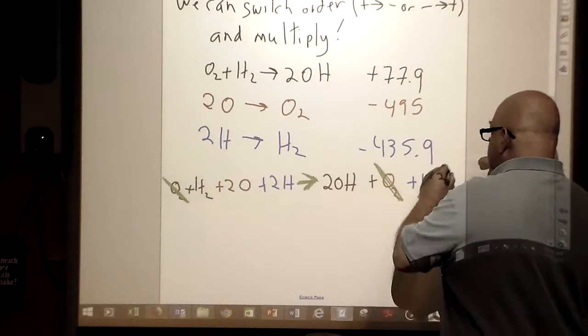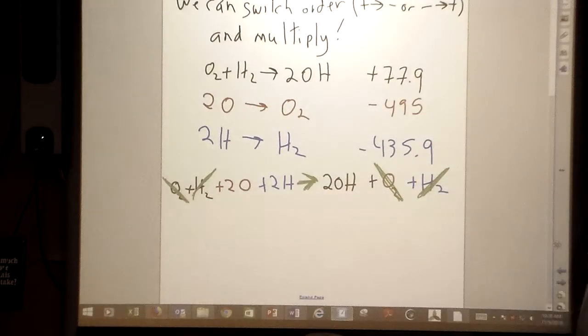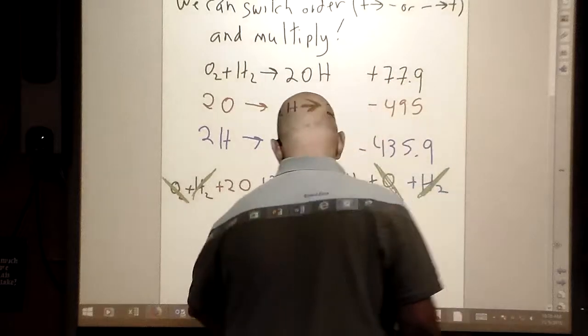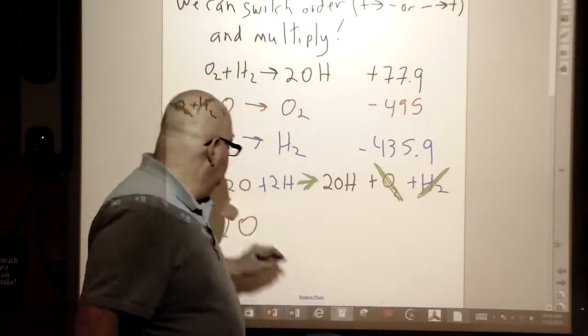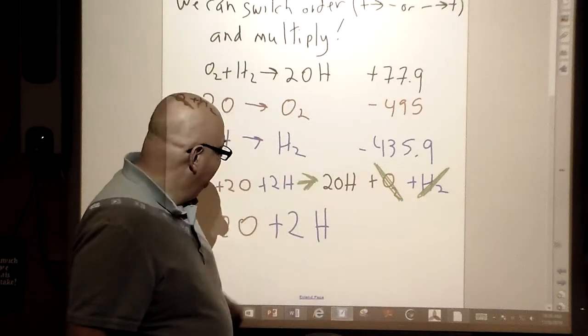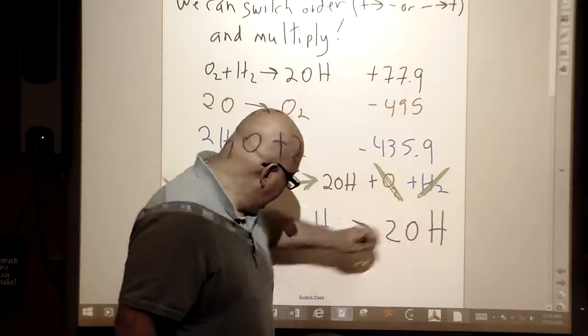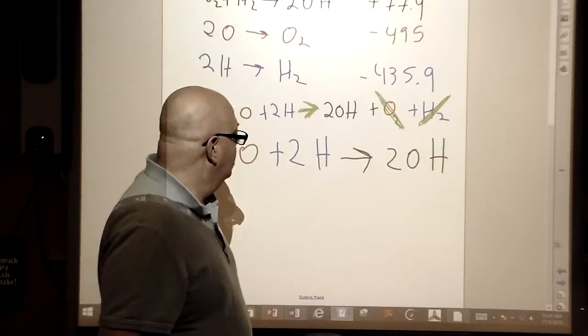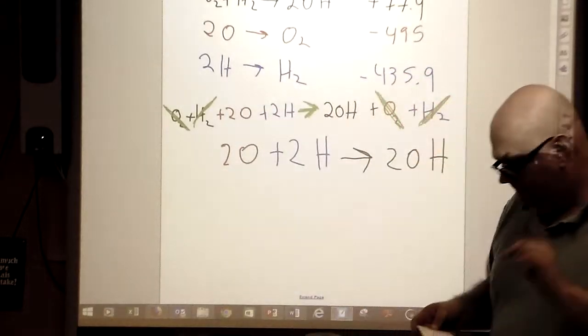The H2's also cancel out. So now we're left with 2O plus 2H gets us 2OH. Okay, we're on the path.